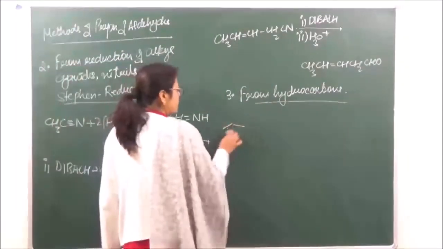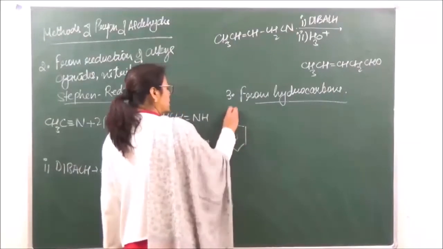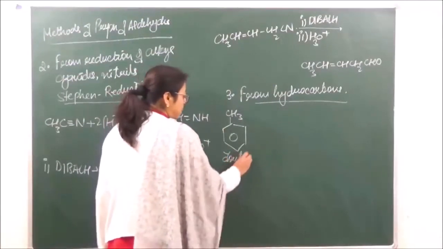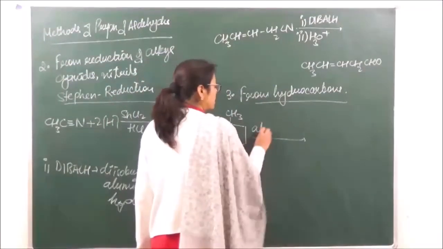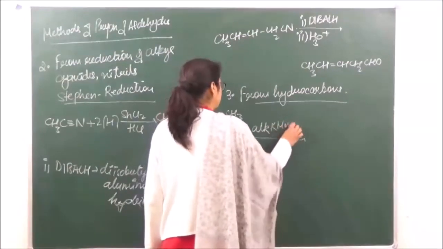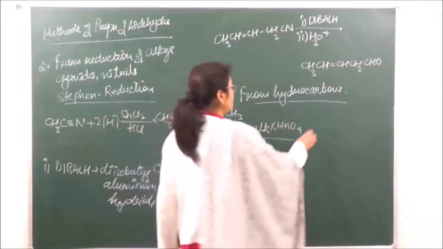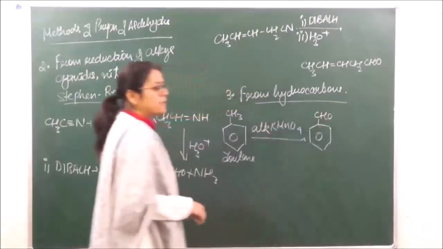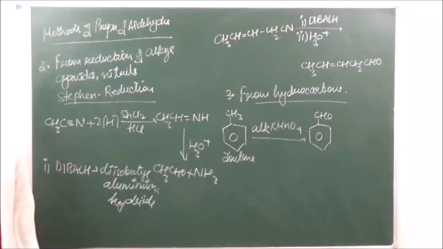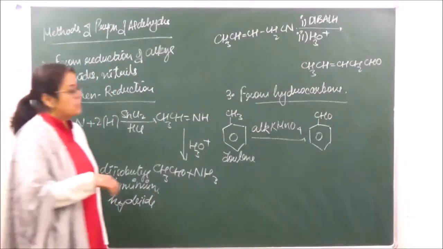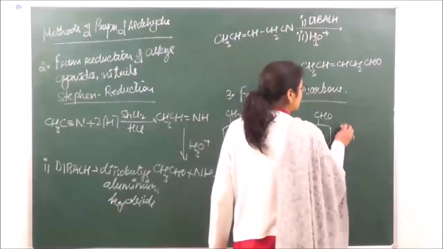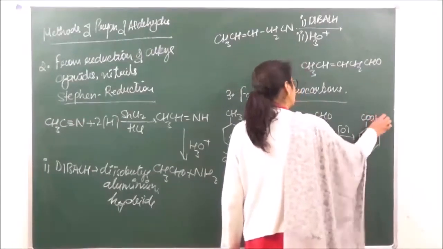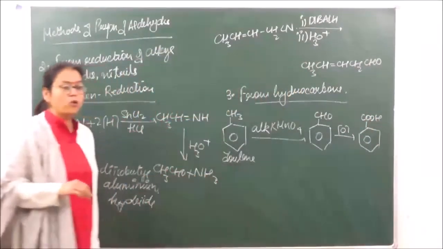So if we take toluene, CH3, in the presence of alkaline KMnO4, this is going to give us benzaldehyde, CHO. Further oxidation of this can produce an acid, so further oxidation can give us benzoic acid, COOH.